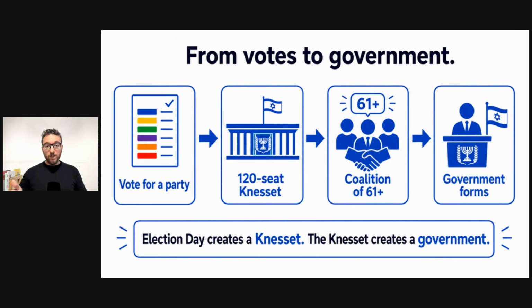In order to form a government, that member of Knesset has to negotiate together a coalition of at least 61, so a majority of the Knesset members. Once they come to an agreement, the government is officially announced and they get to work. If they can't come to an agreement and no coalition can be formed, we circle back to square one and vote for parties all over again.